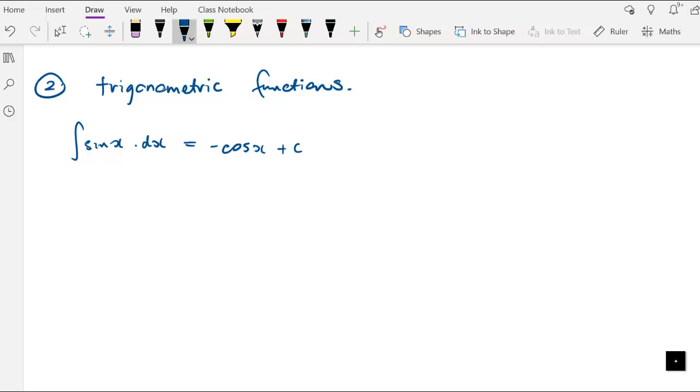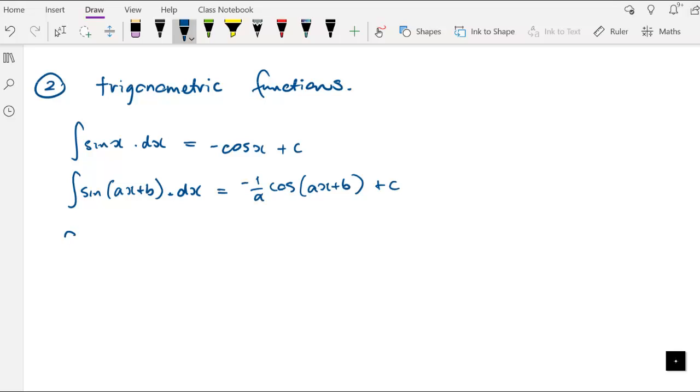And so then if we look at it having a linear internal function, so sine of ax plus b with respect to x, it will be negative 1 on a cos of ax plus b, plus c.